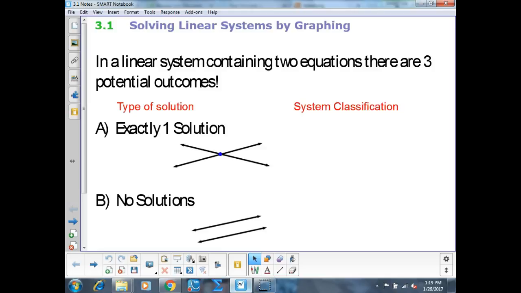So chapter 3 is all about solving systems of equations. We're going to start out with 2 equations with 2 variables, which you've done since Algebra 1. Then we're going to increase that up to 3 equations with 3 unknowns, which I think you did in Algebra also. And you might have dipped your toes into those a little bit. Then we're going to maybe even increase it to 4 equations with 4 variables.